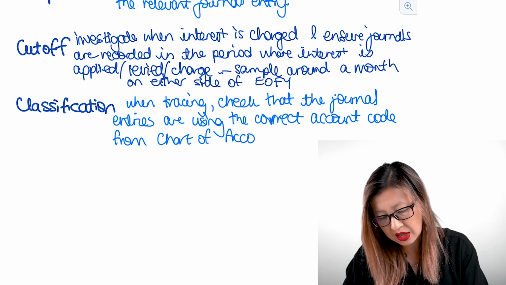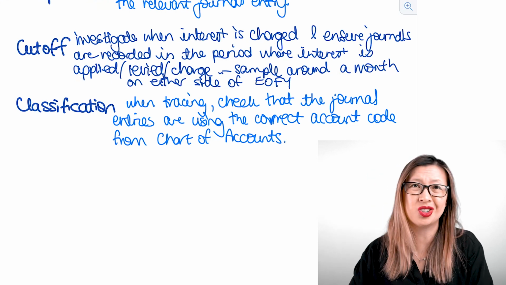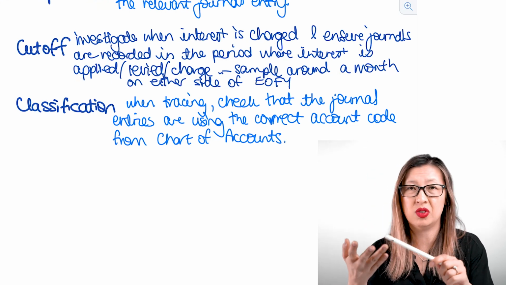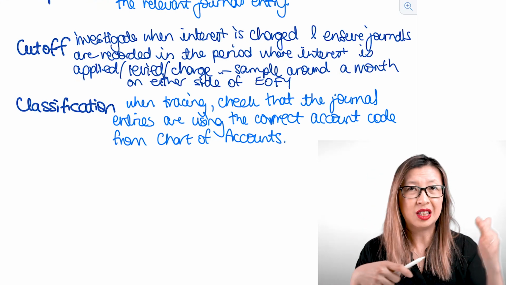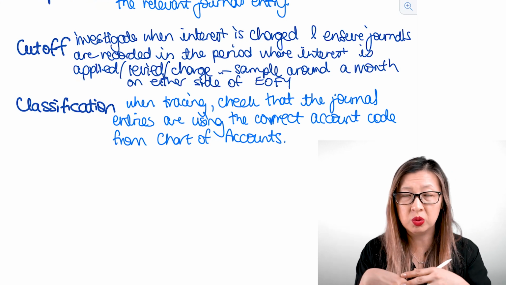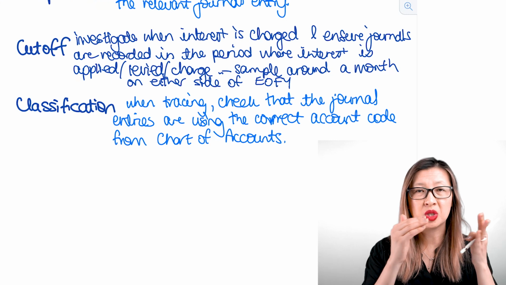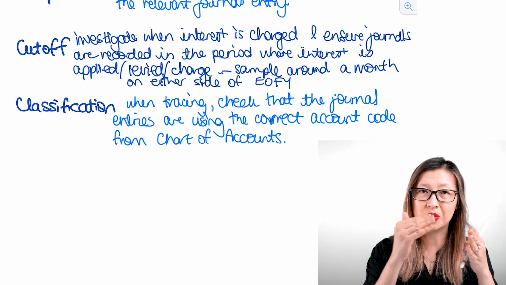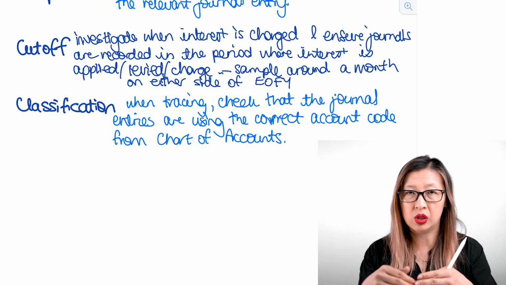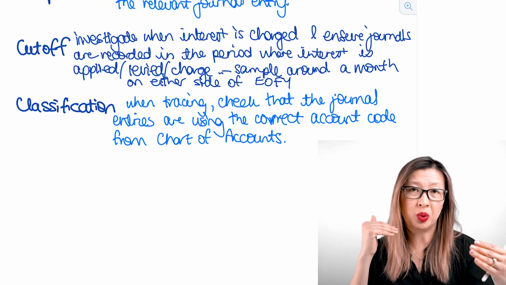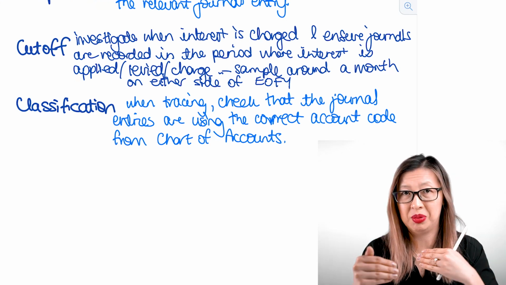Remember, the chart of accounts is your master list, and it's not just that it has assets, revenues, expenses, liabilities, there'll be subcodes. So if you're a company like Woolworths that has lots of subsidiaries, they all have loans, there'll be a specific account code for that subsidiary and that specific loan. So we need to make sure that it's doing the debit and the credit to the right place.